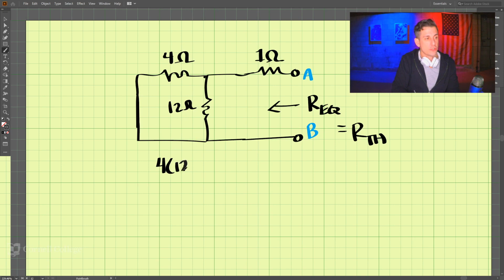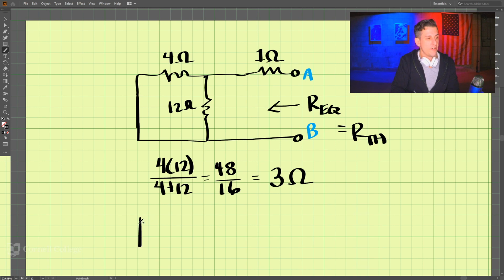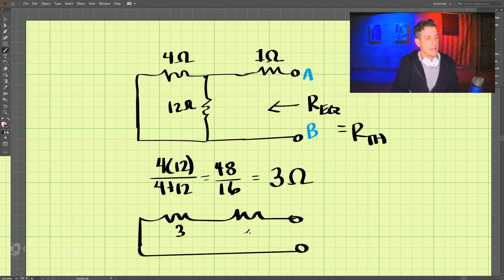So we have 4 times 12 divided by 4 plus 12, and that is 48 divided by 16, which is 3 ohms. So that's these two combined together. So we have this situation here. We have 3 ohms, and then we have 1 ohm.